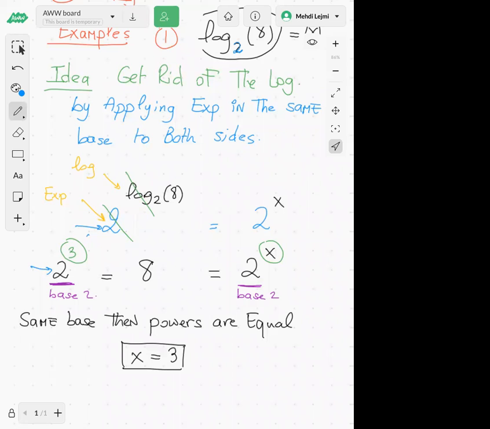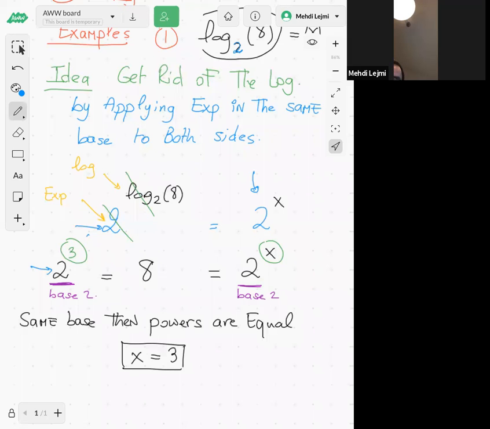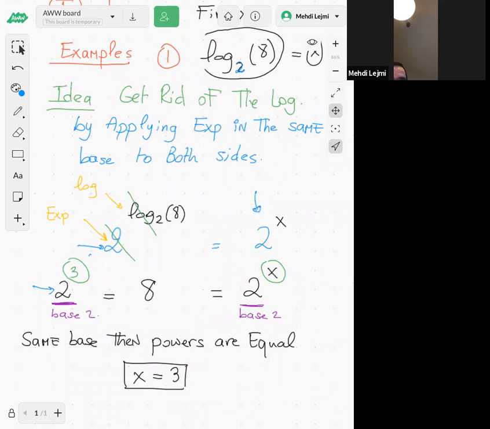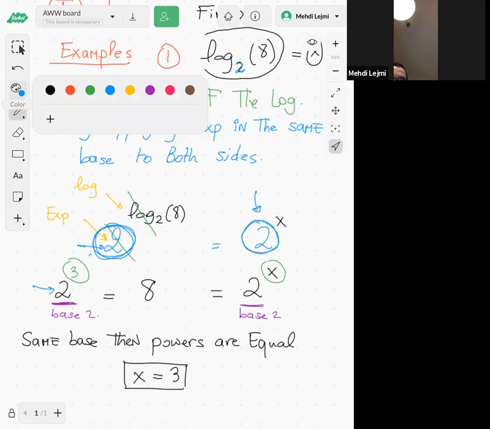Professor, when you cross out the log in 2, do you always put the base on the other side with the x? Oh, you mean this side here? Yeah, because I am applying the same exponential to both sides. Here I applied exponential in base 2, so I have to apply the same thing here.